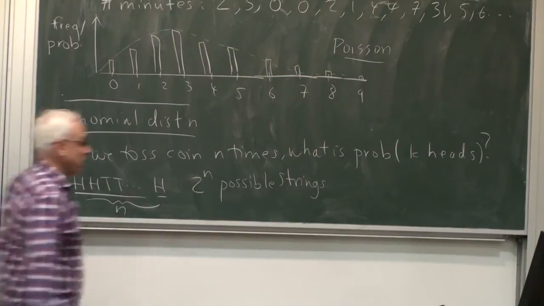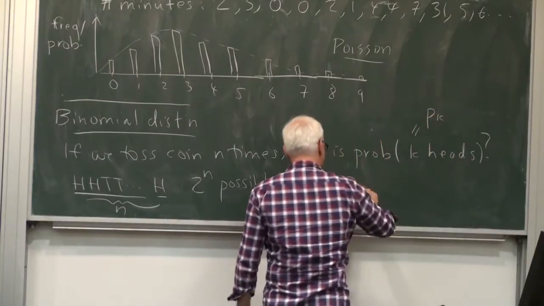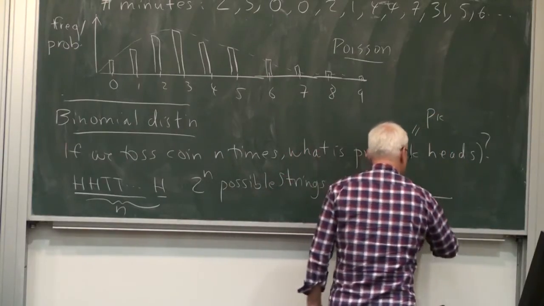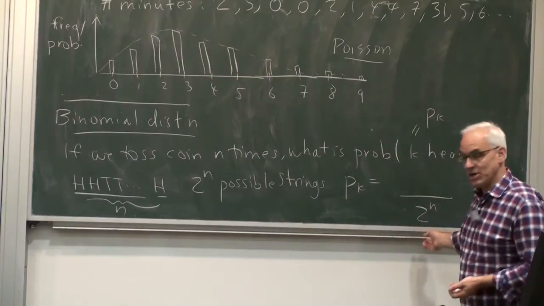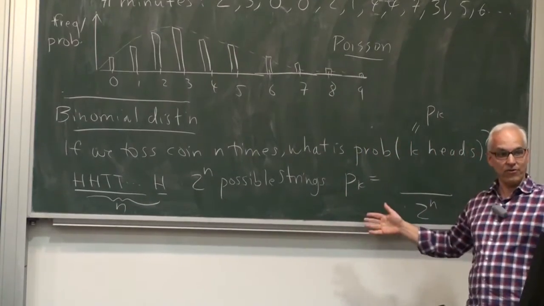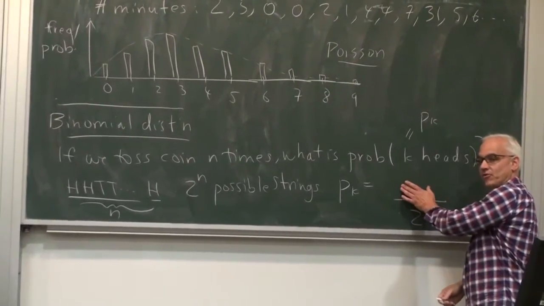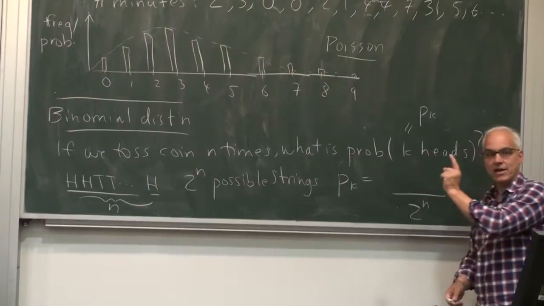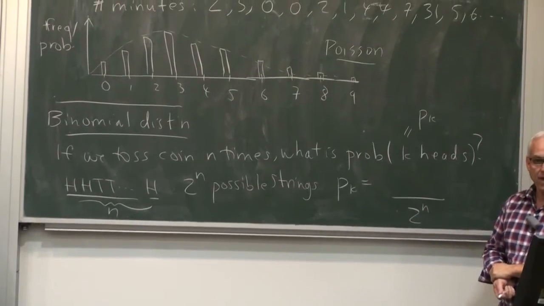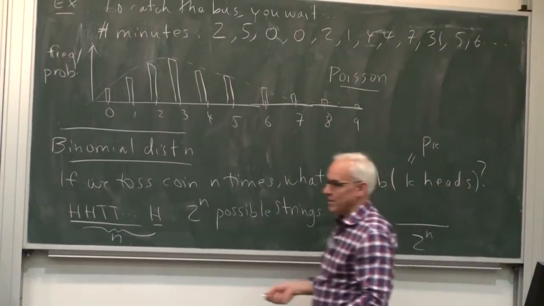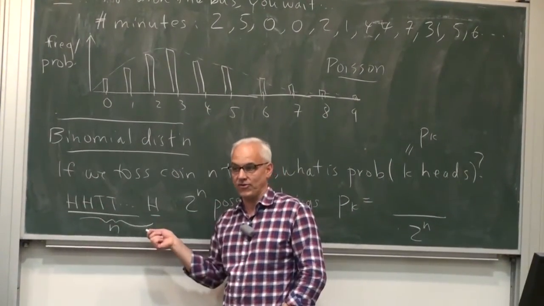All right. So if we call this probability, say, p sub k, then p sub k is going to be a ratio. On the bottom is going to be 2 to the n, because that's the total number of strings. And on the top, we have to count the number of strings that have exactly k heads. And that's just counting the number of ways of choosing k out of n positions.